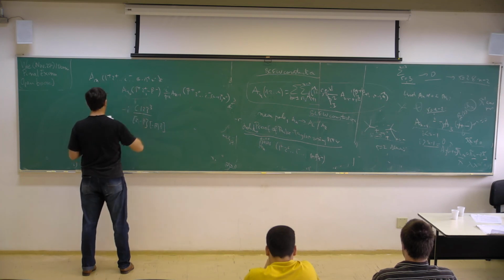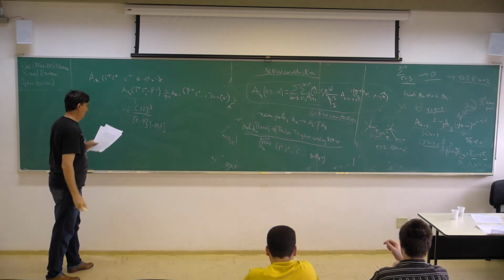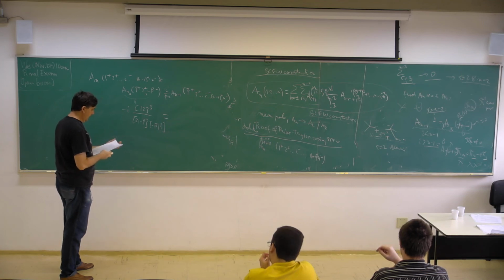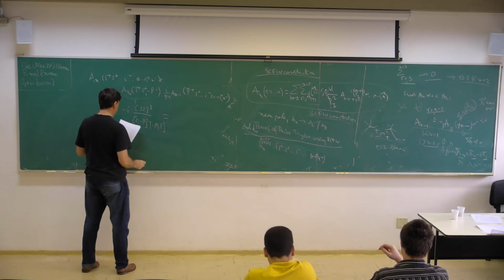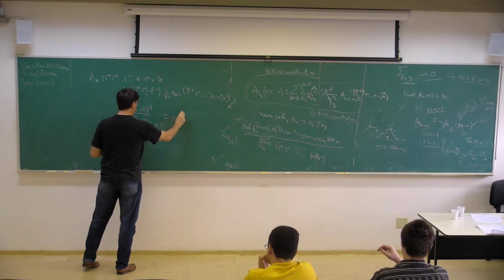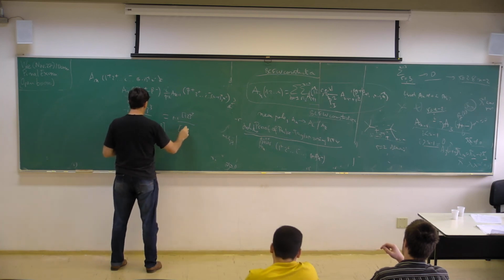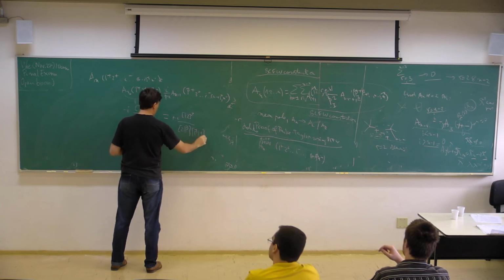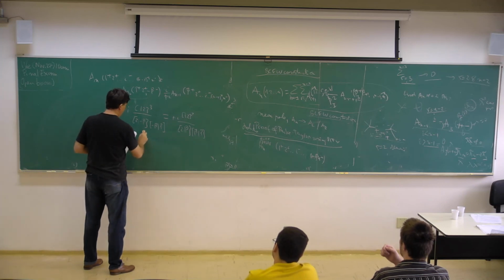Sorry, like this. And then, well, the minus in here kills the minus in here, so this is plus i 1, 2 cubed. And then 2 p 1 hat. But then 1, 2.